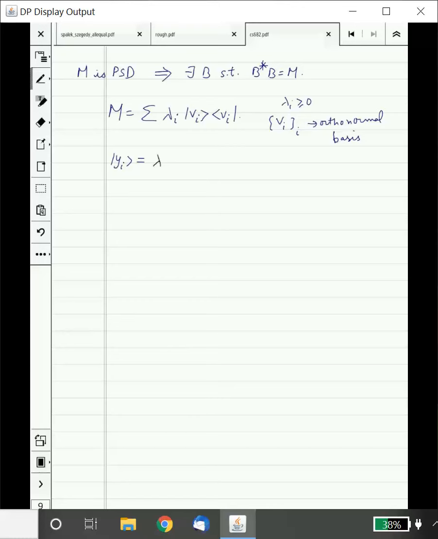square root of lambda i Vi. Notice that I can take the square root because lambda is positive. If I write it like this, then it is easy to note that M is summation Yi Yi star.